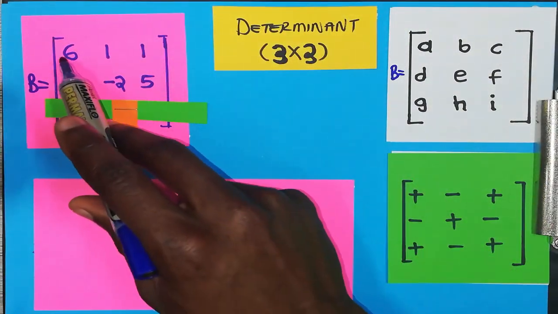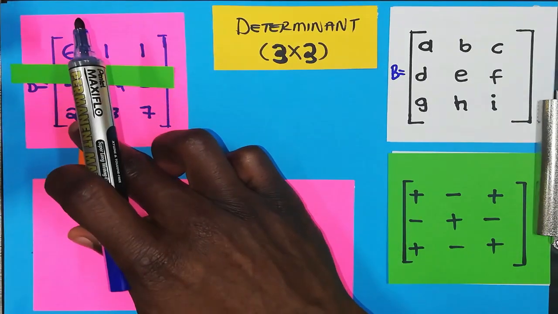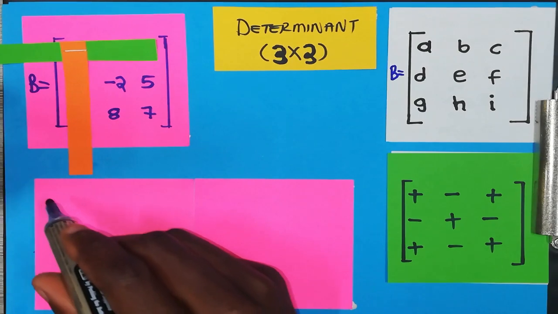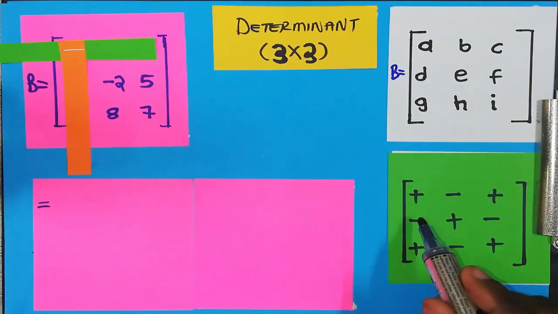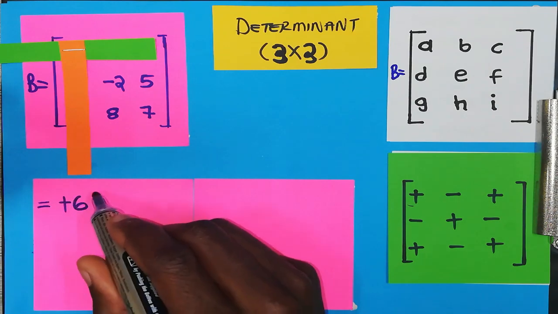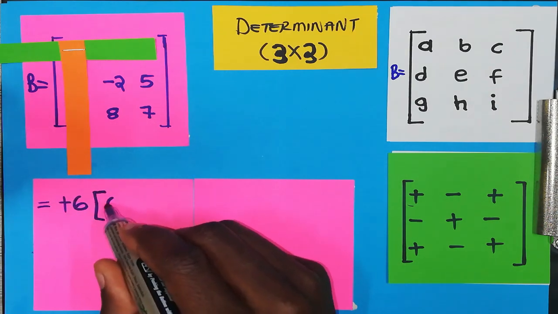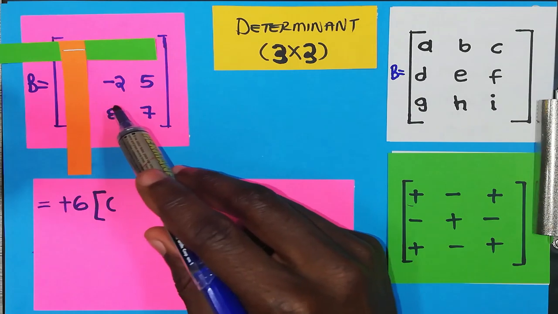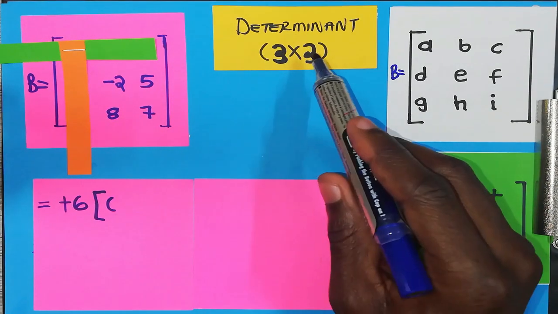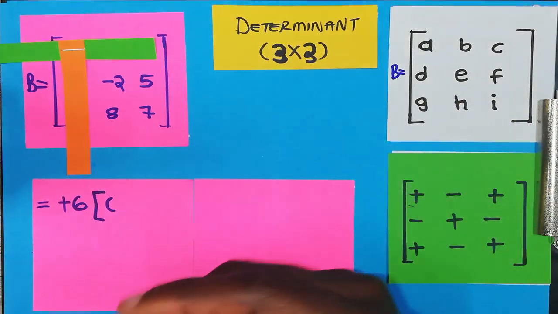The first number here is element 6. I'm going to use Mr. T to help me out. Element 6 is positive, so I write positive 6. Remember what we did on the previous slide with a 2x2 determinant; we're going to do exactly the same.